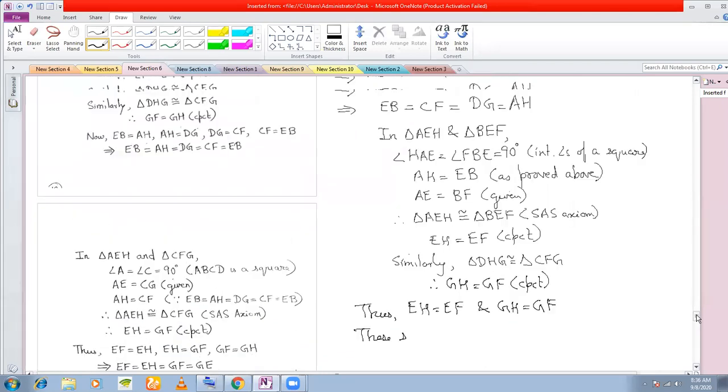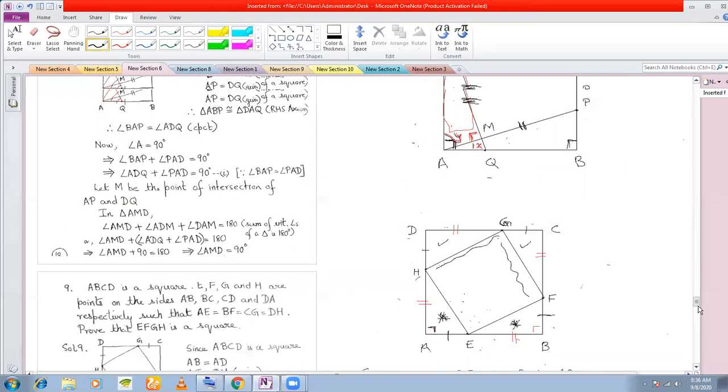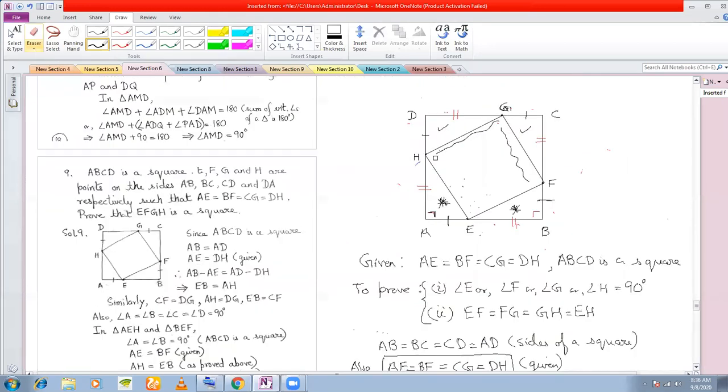Now, what do these show? Can anyone tell me what do these show? What can I say about this quadrilateral? If I say it is a square, no, not now. If I say that these two are equal, and if I also say that these two are equal, we can say that the adjacent sides of this quadrilateral are equal. Not all sides are equal, but the adjacent sides are equal, right?